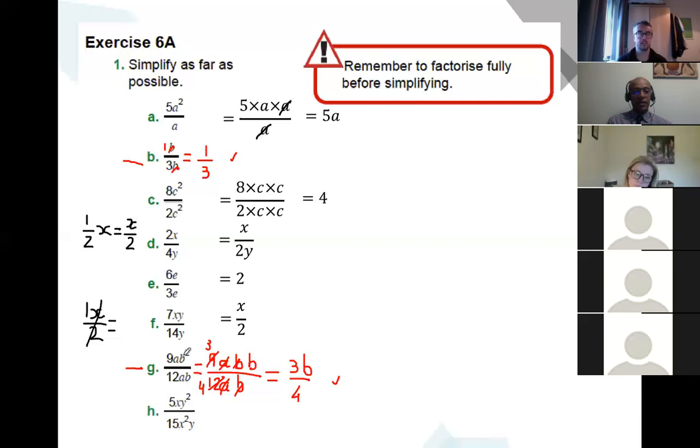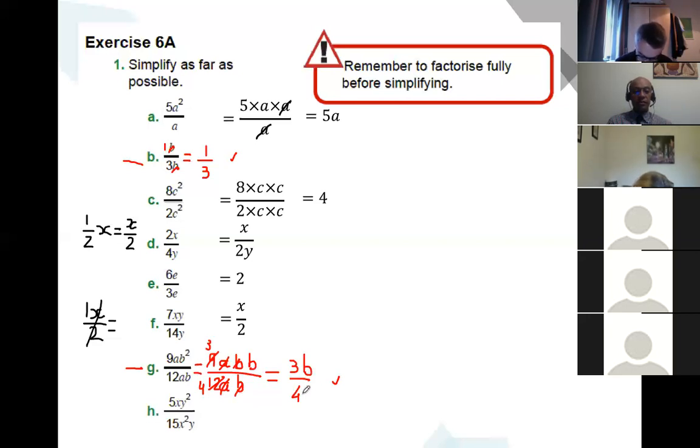For the next one, I think we did it together. We cancel a, then we divide the top by 3 and the bottom by 3, because 9 and 12 both go into the 3 times table. Then we had b times b and a b at the bottom, and we ended up with just 3/4 of b, or 3b divided by 4.